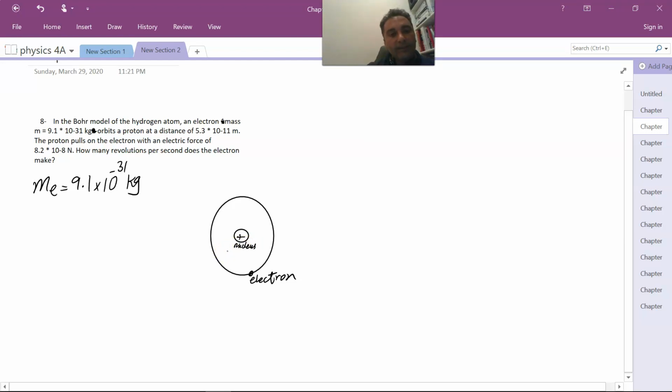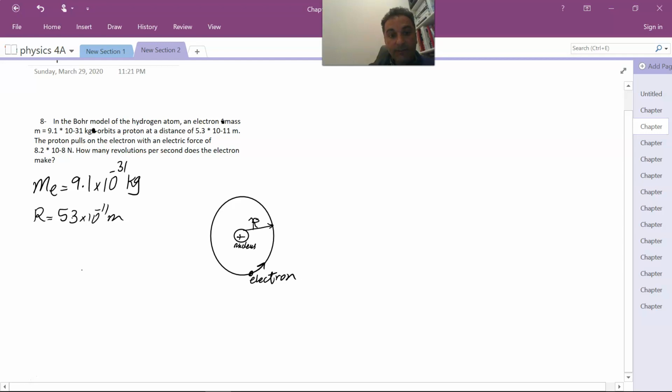So what it says, electron orbits at this distance. This distance is very small, little r or big R, which is radius. So it is 5.3 times 10 to negative 11 meter. The proton pulls on the electron with electric force.